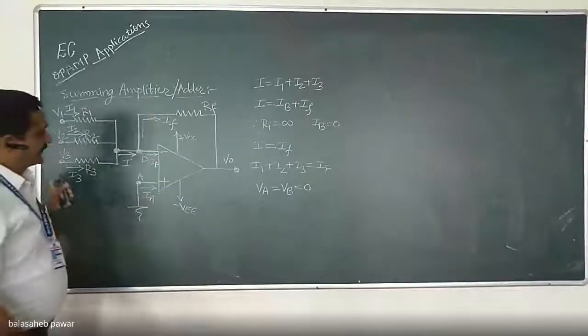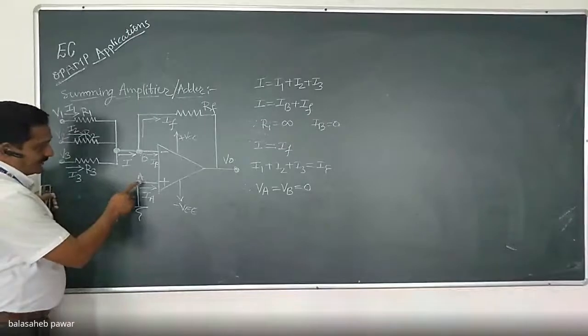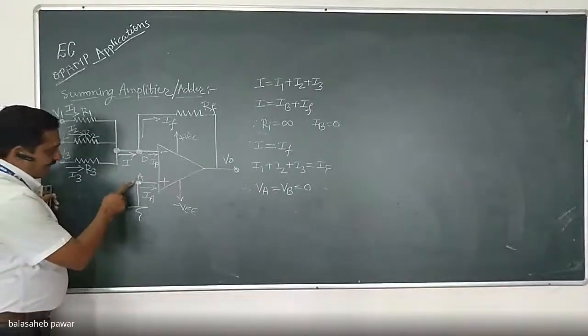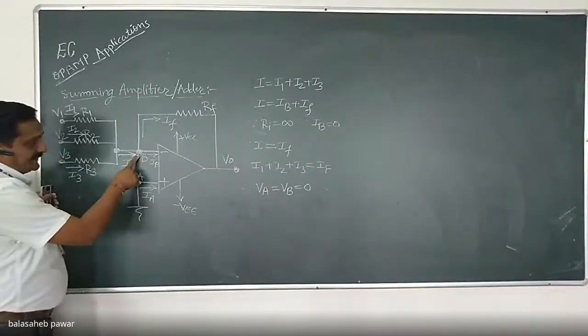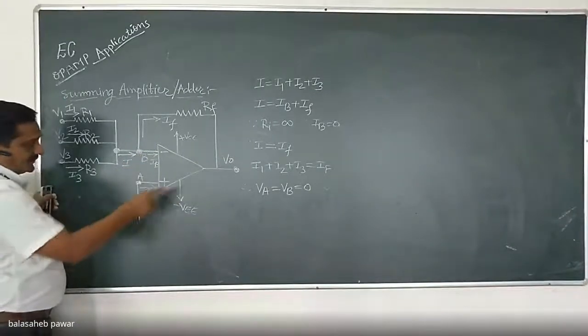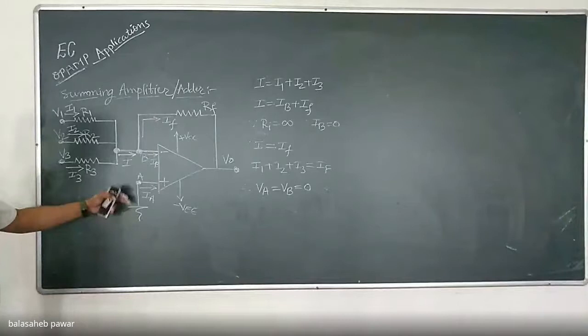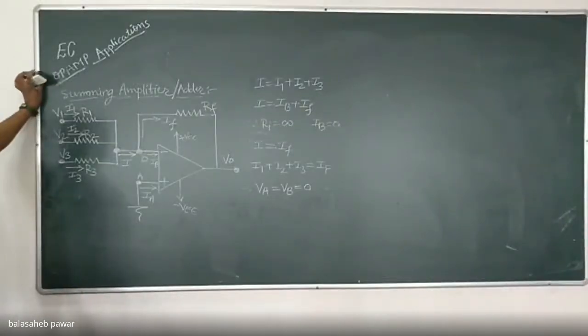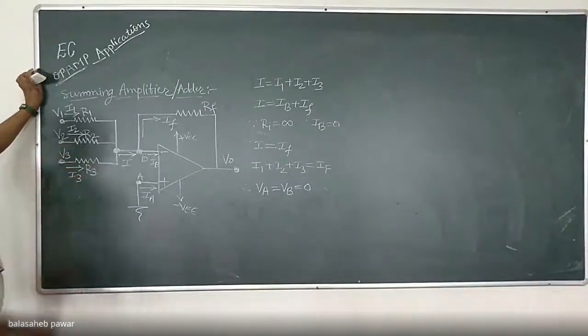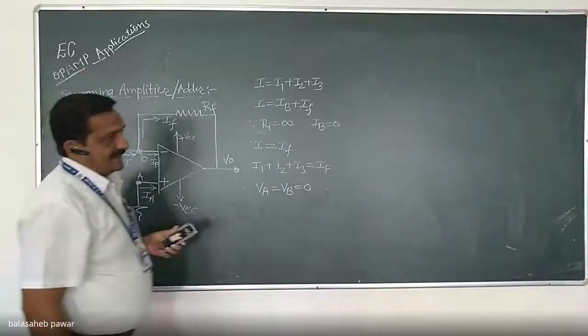That's why the potential at node A will be the same as the potential at node B, and that equals 0 because of the grounded non-inverting terminal. Now, we have to write how much I1, I2, I3 and IF will be.